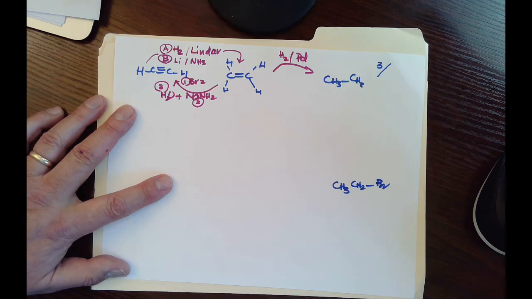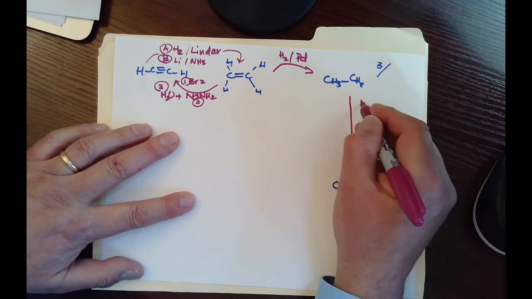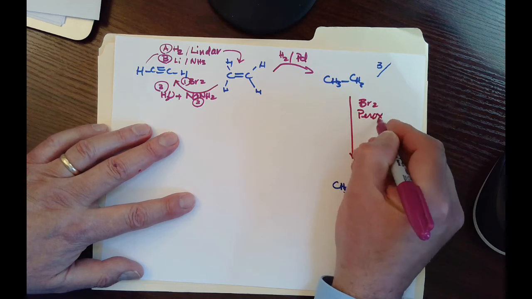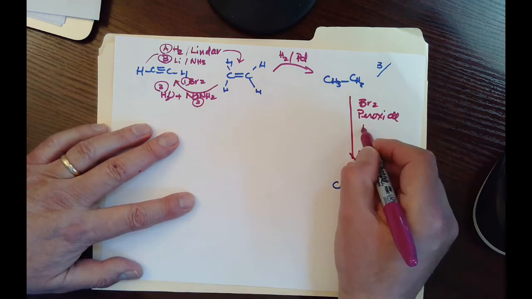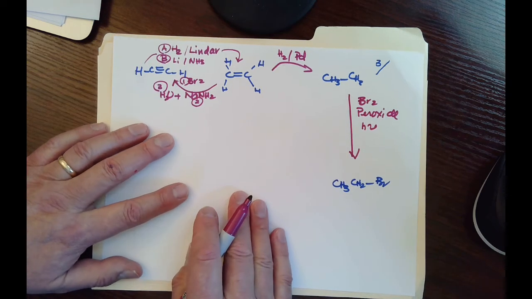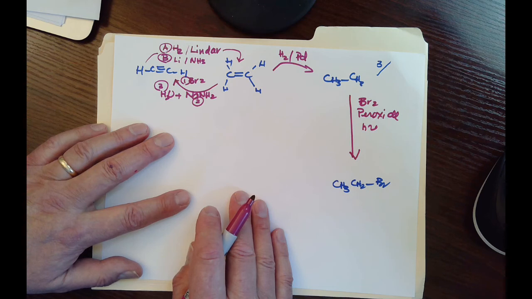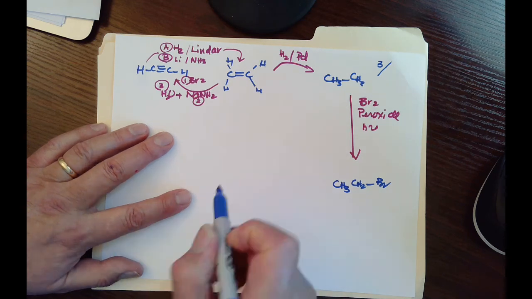So we are going to use bromine. We learned this now. Bromine in peroxide, or we can use bromine with light, which is hv. So that provides us with the alkyl halides. Now I'm asking you to go from alkyl halides to an alcohol on the bottom part.